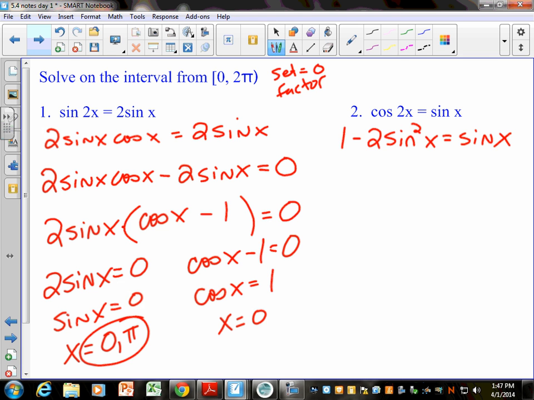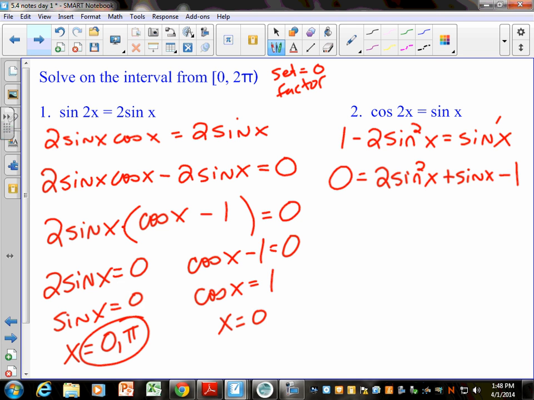So I'm going to move this over here because I like to keep my sine squared positive. You can just divide through by negative if you want. But I moved this over, so I had a positive 2 sine squared x plus sine of x, and then subtract 1 over, right? I just subtracted 1 and added that over to the other side. Because if I'm going to factor undoing FOIL, I want my squared term to be positive.